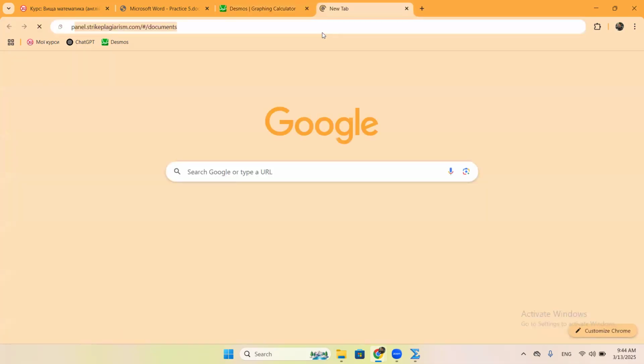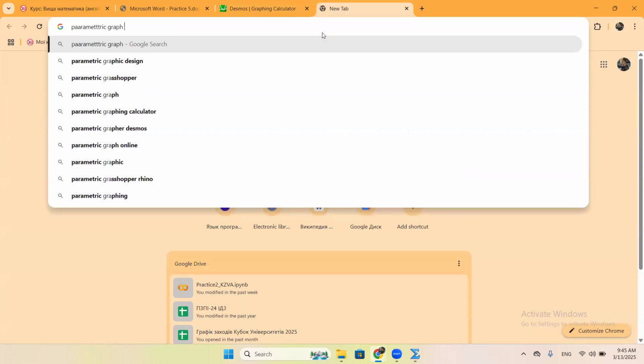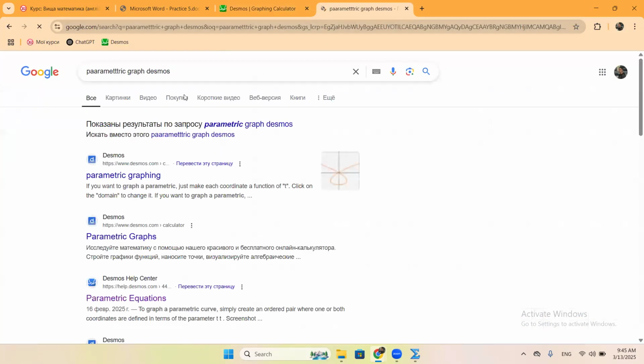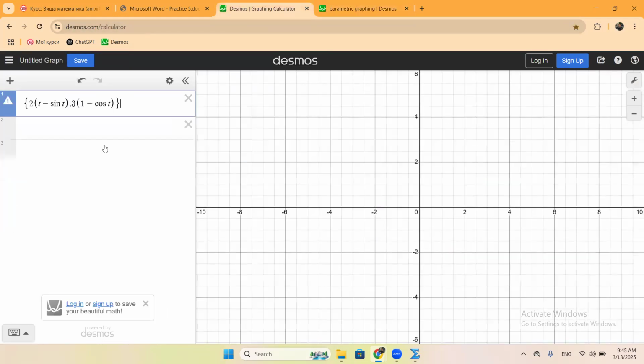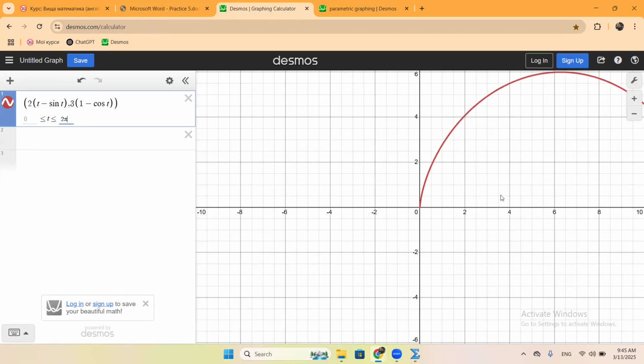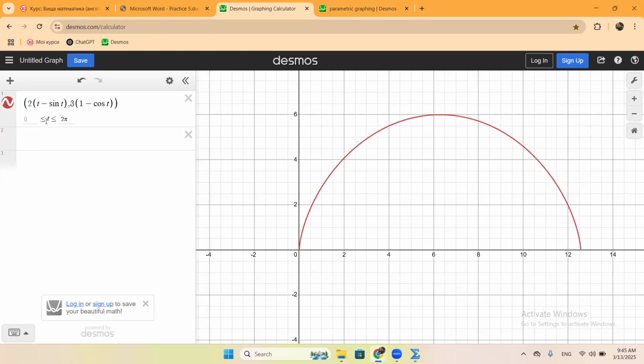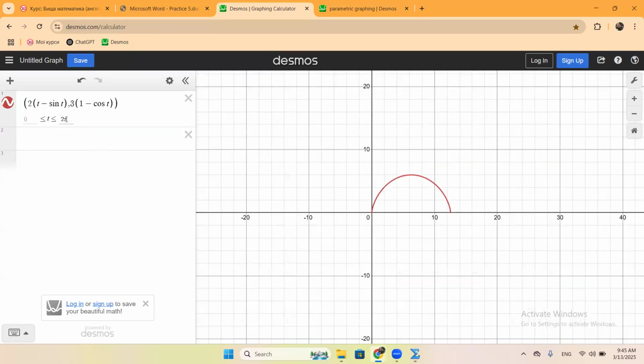I just forgot the syntax a little bit, so round brackets, not figure. The first arc of the cycloid corresponds to the parameter value from 0 to 2π. If I change it to 4π, it will be two arcs of the cycloid, but 2π will be enough for us.